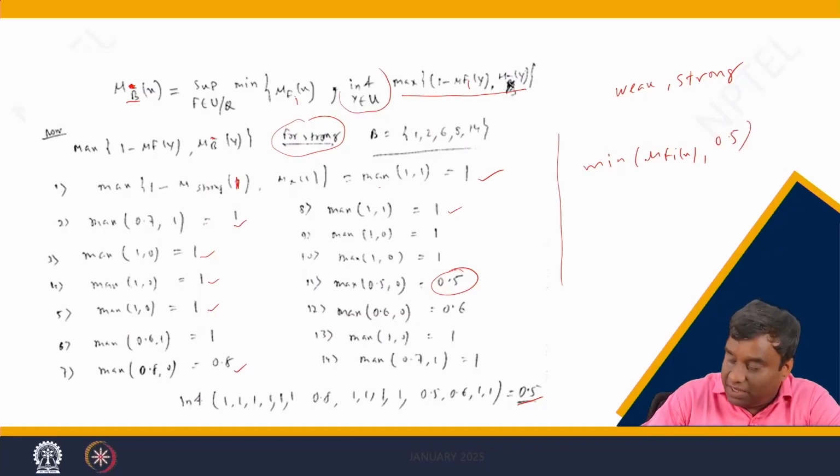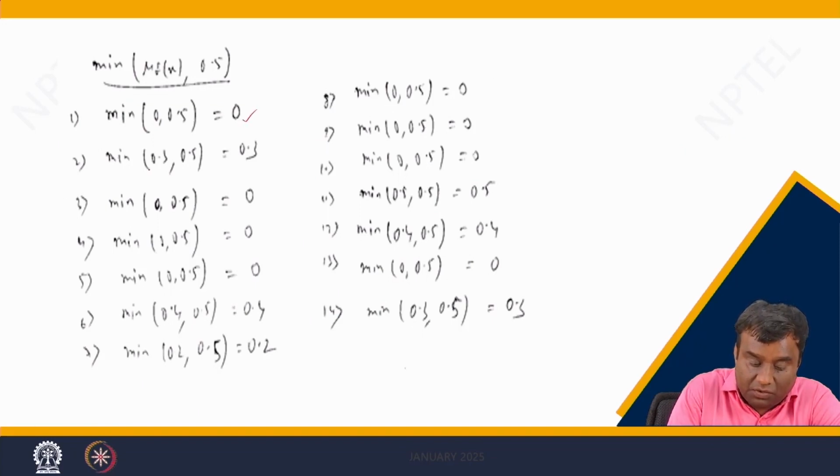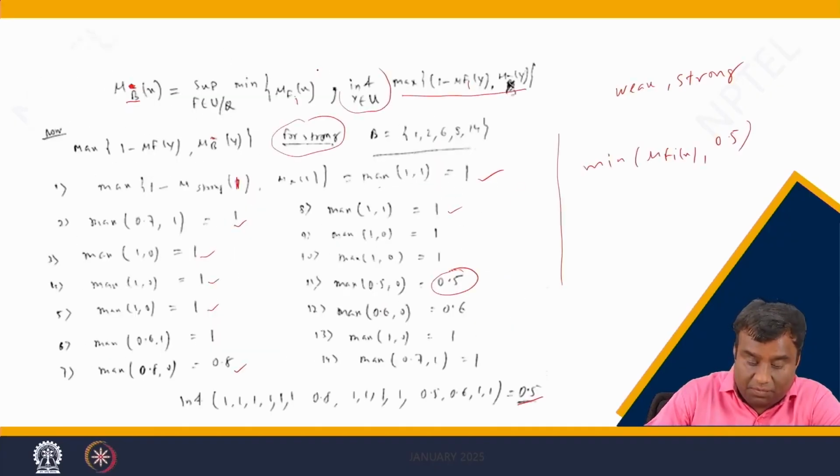For the first it is 0, so the minimum is 0; then 0.3 and 0.5, minimum 0.3; then the minimum of 0 and 0.5 is 0, and so on. So we have calculated these values for the strong attribute.